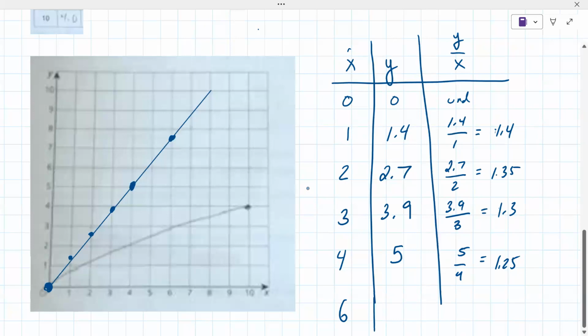For 6, you said? Yeah, for 6. 6.5. The y value here. Imagine going across, hitting the y-axis. Like between 7 and 8, where would you estimate it to be?